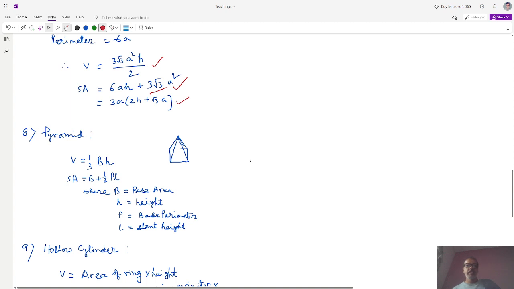We know that the heart of geometric shapes is nothing but the triangle.